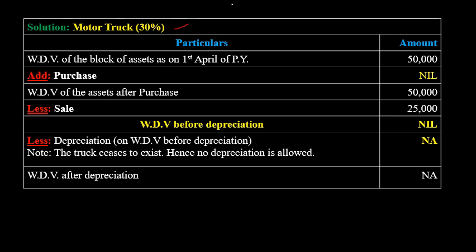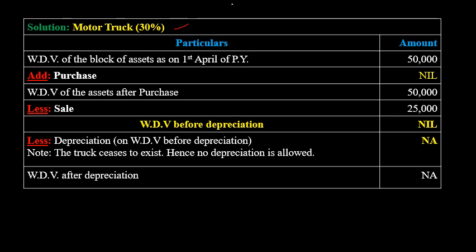In the previous year there was only one motor truck, and it was sold in the previous year. If it was sold in the previous year, then it is considered that the asset is not with the owner. So therefore we should not calculate the depreciation. Again, you should not apply accounting concepts here. We have to calculate as per the Income Tax Act.